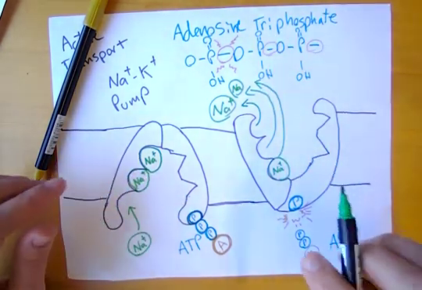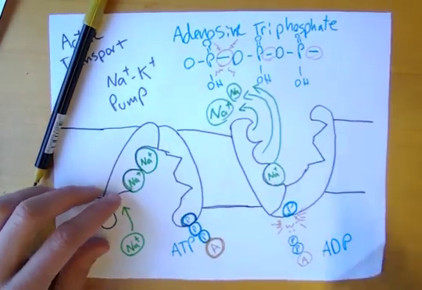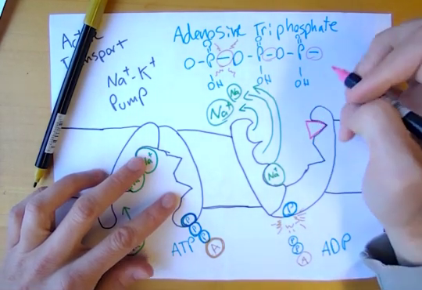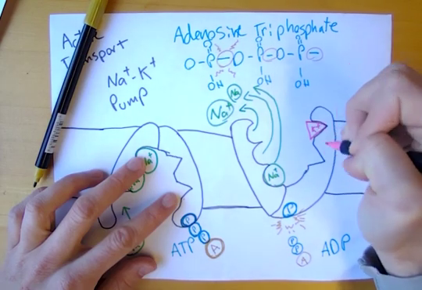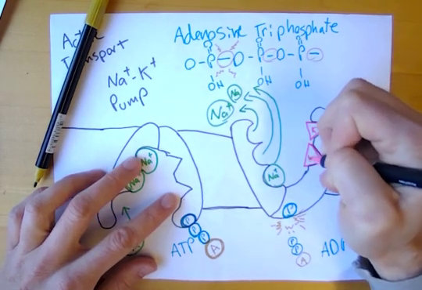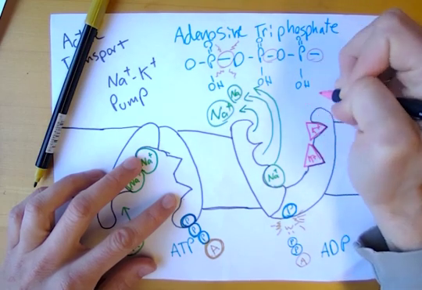And all that potassium that was on the outside of the cell through the voltage-gated channels now is attracted inside and binds to our pump. 2 to be exact.